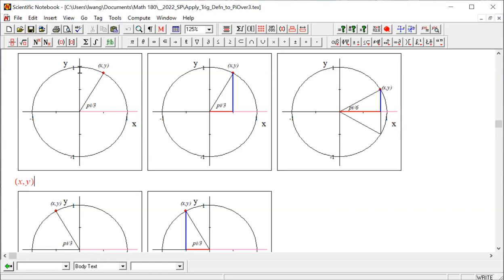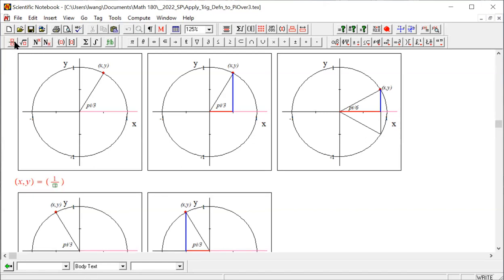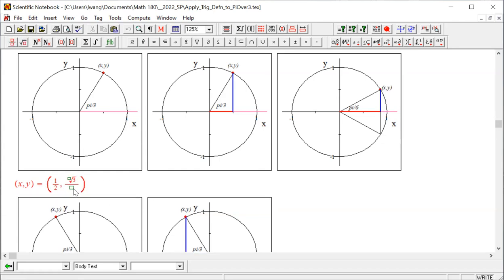So this point, x comma y, the x value is half, and the y value is √3 over 2.